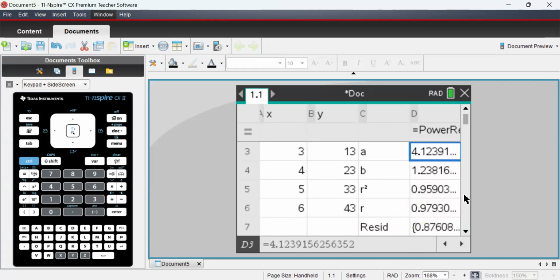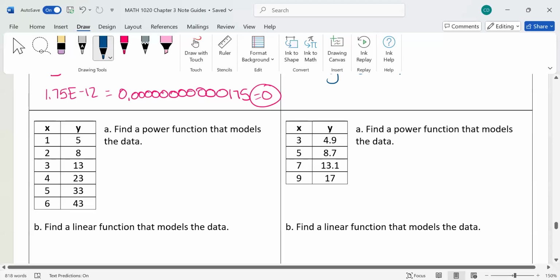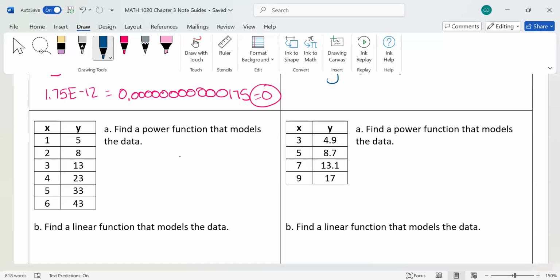And a number we need to write down is r squared. It's right here. All right. So let's write the equation first. A is 4.12, x raised to the 1.24.